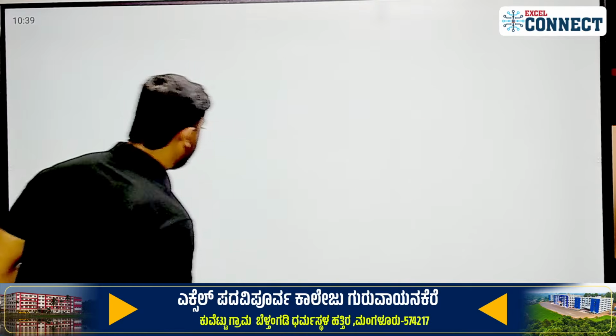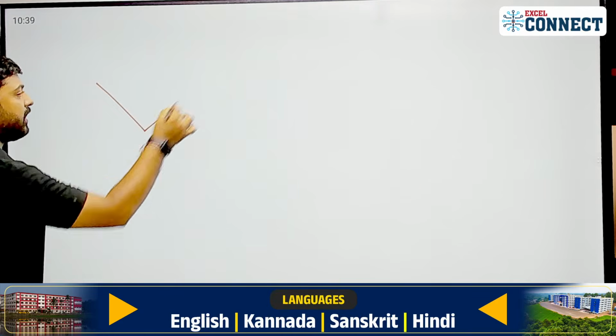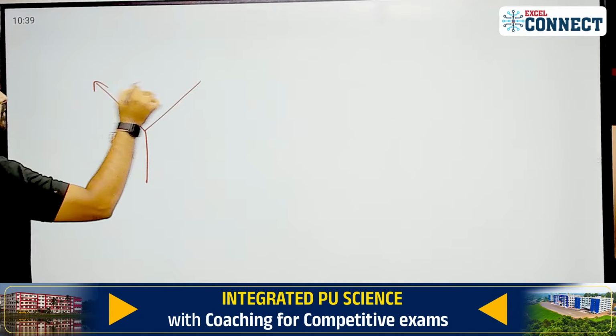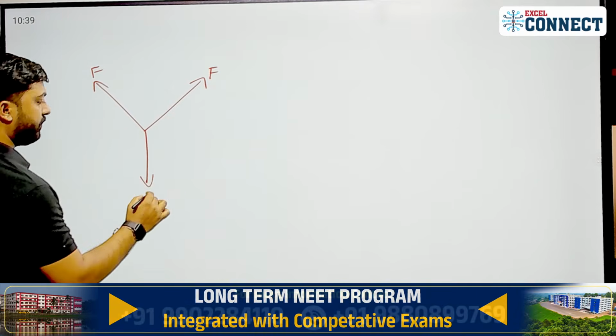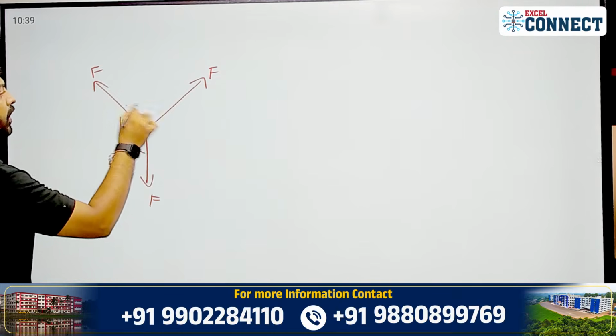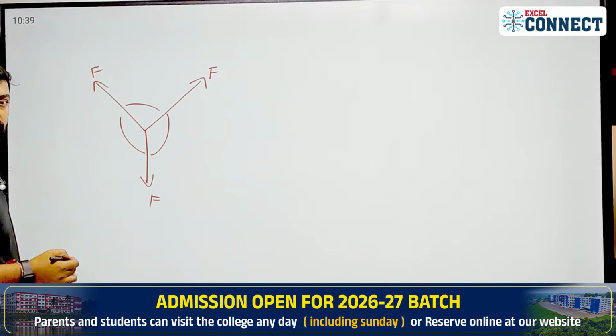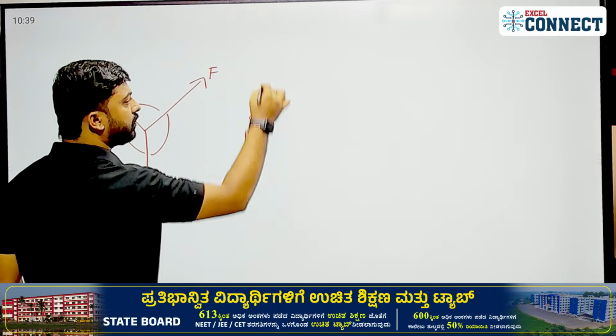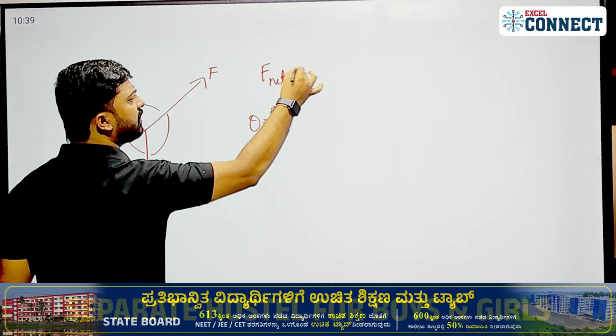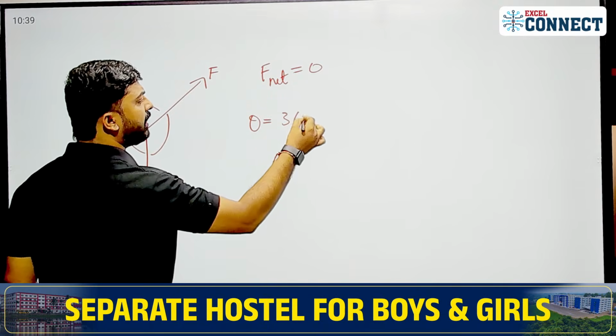Suppose there were 3 forces. Okay, 3 equal forces, F, F and F, and what should be the angle between them so that net force is 0? There are 3 forces. So to have F net 0, theta should be 360 by n.